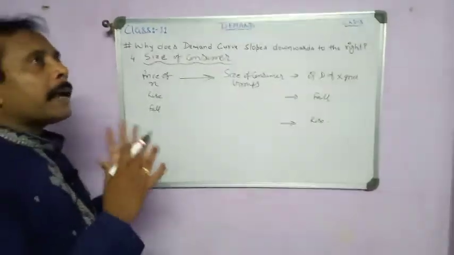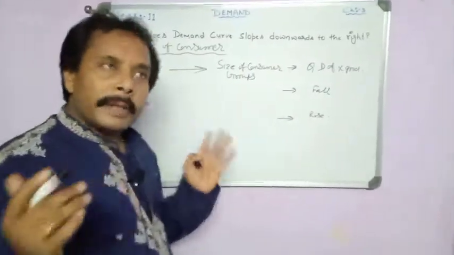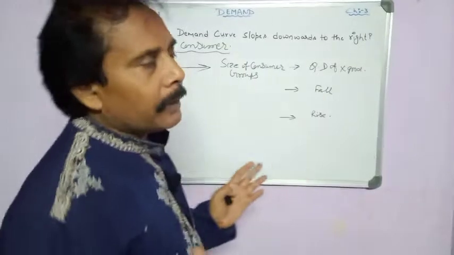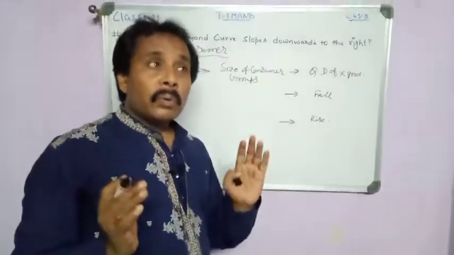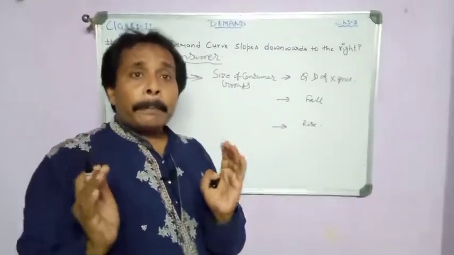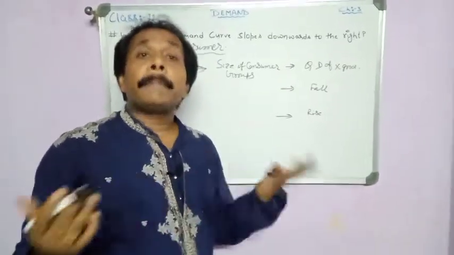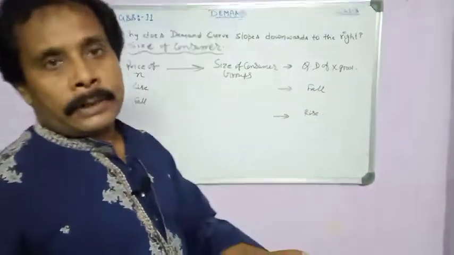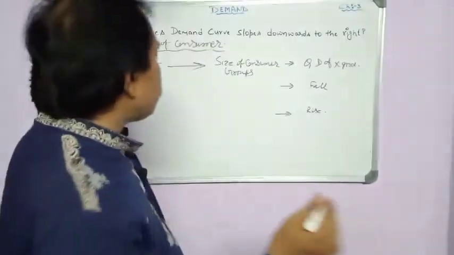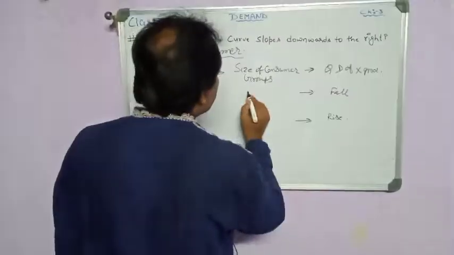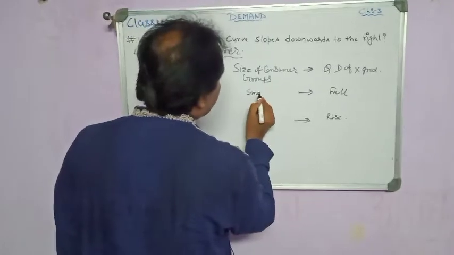So if the price of any goods increases, what will happen? Very common. Very few people are ready to buy that commodity because all the people have no ability to buy that commodity. As a result, the group size will be smaller.